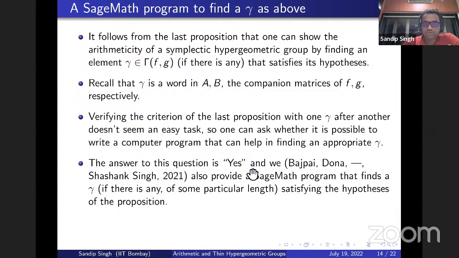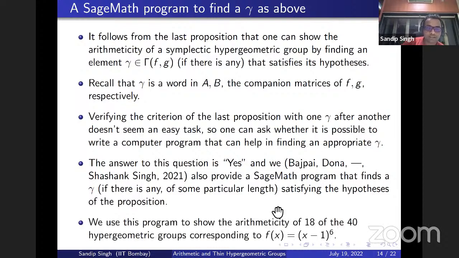The answer is yes, and in the same paper we also provide a SageMath program that finds a gamma, if there is any of some particular length, satisfying the hypothesis of the proposition. We use this program to show the arithmeticity of 18 of the 40 hypergeometric groups corresponding to x minus 1 to the power 6.